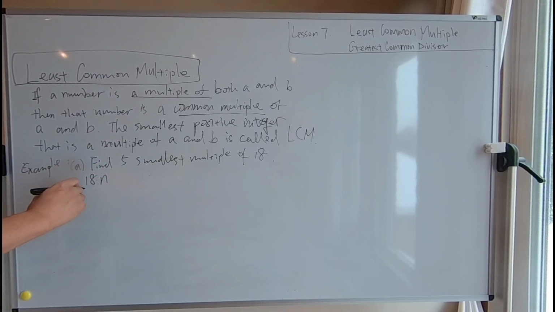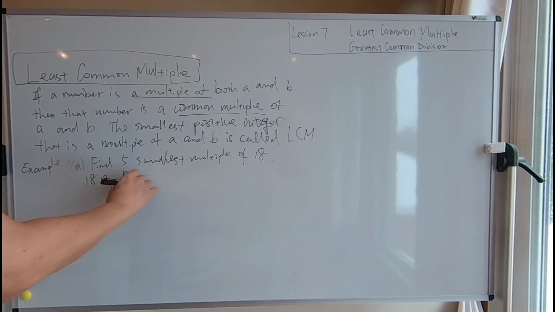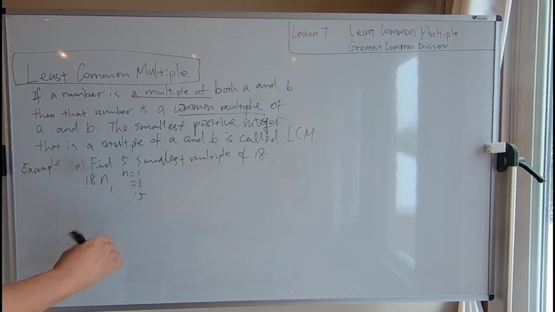For the smallest multiples, n must be a positive integer, so n starts from 1. If n equals 1, 2, up to 5, those will be the first 5 smallest multiples of 18.